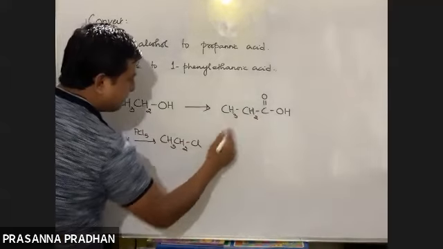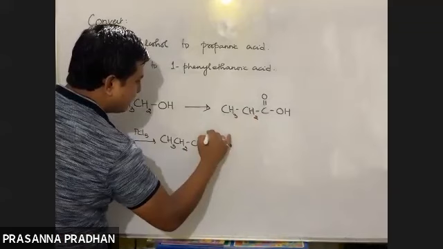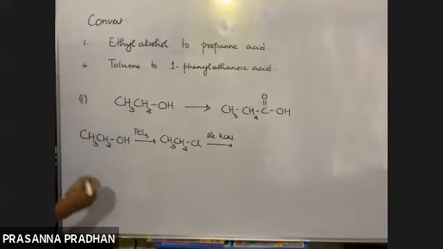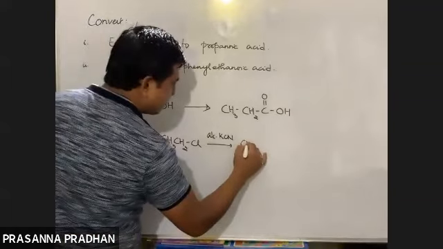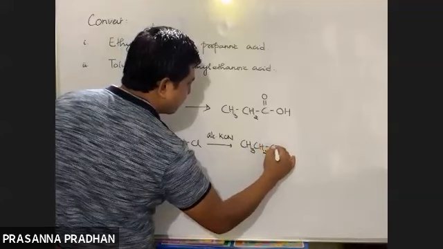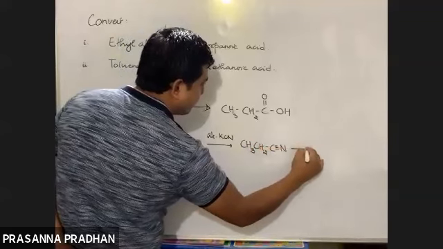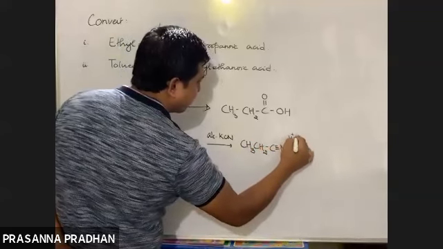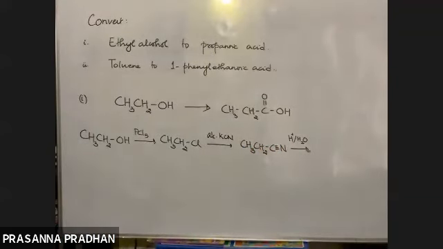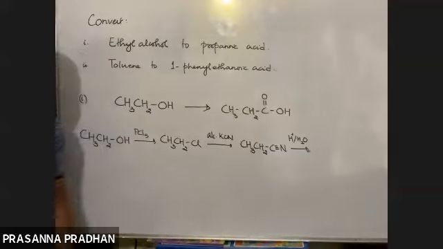In order to introduce an extra carbon, I treat this with alcoholic KCN. As soon as I treat this with alcoholic KCN, an extra carbon gets introduced, CN.